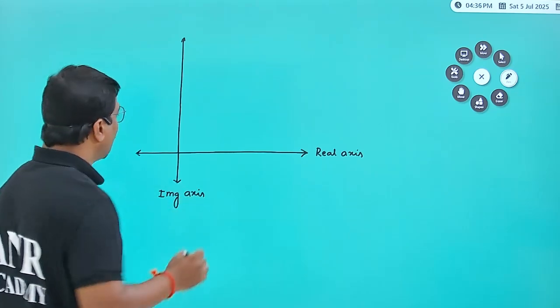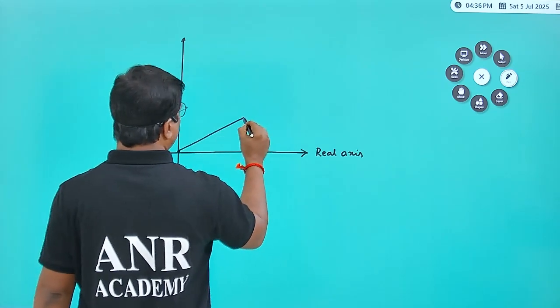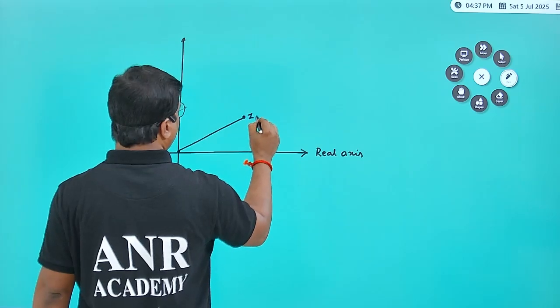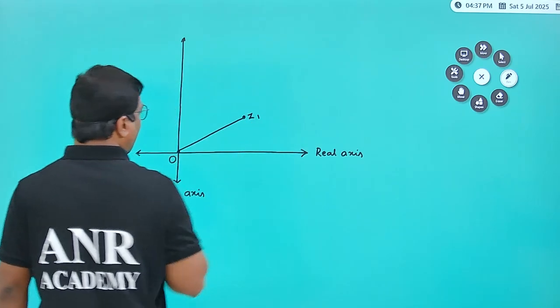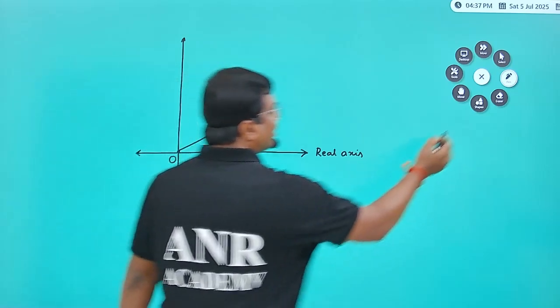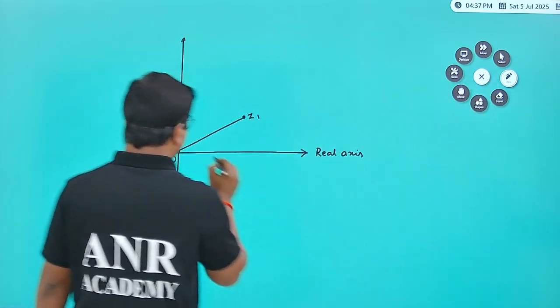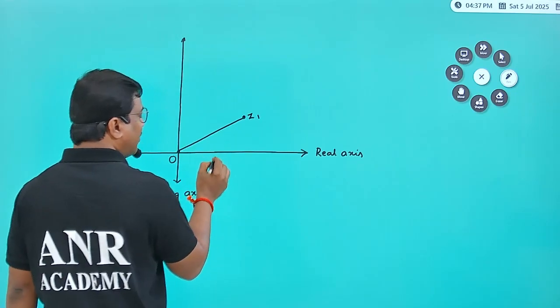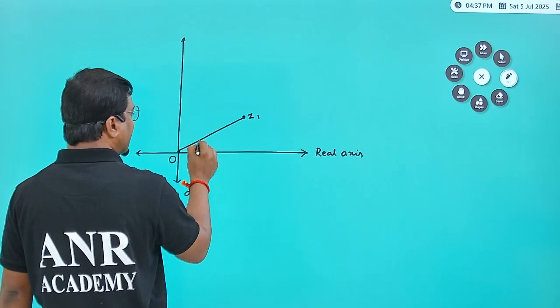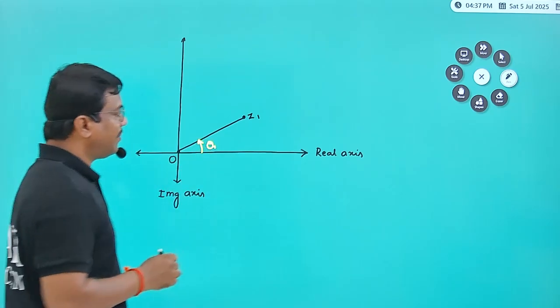Suppose that OZ1 is a vector that makes an angle theta 1 with the real axis. The angle made by OZ1 with the real axis in the counterclockwise sense, suppose that is theta 1.